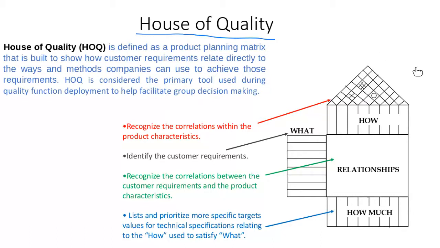It looks like a house. It has a roof, it has sides, and there is a main area, and it has a basement or lower side. In general, the roof shows the correlation within the product characteristics. What does it mean, the product characteristics?